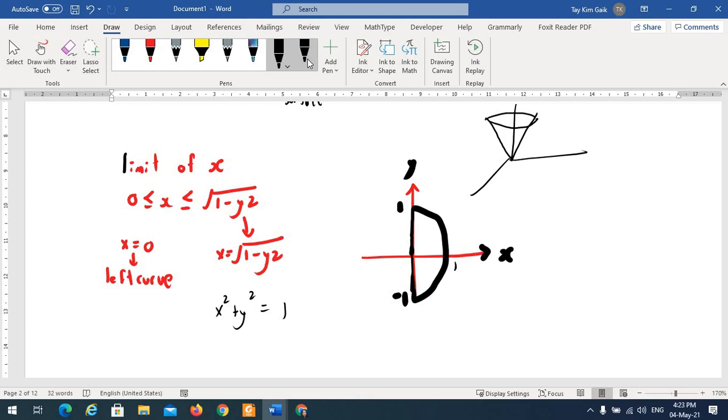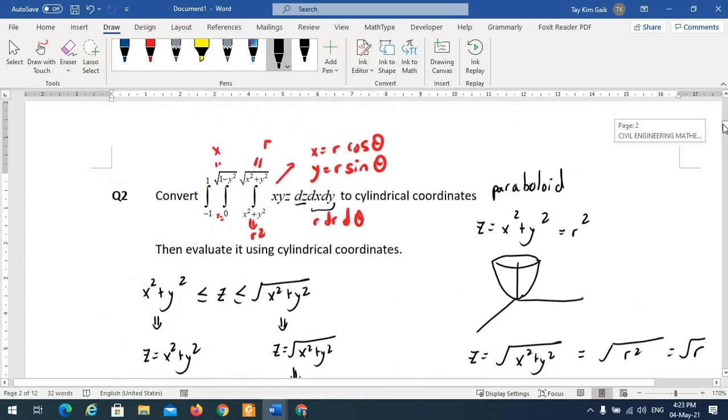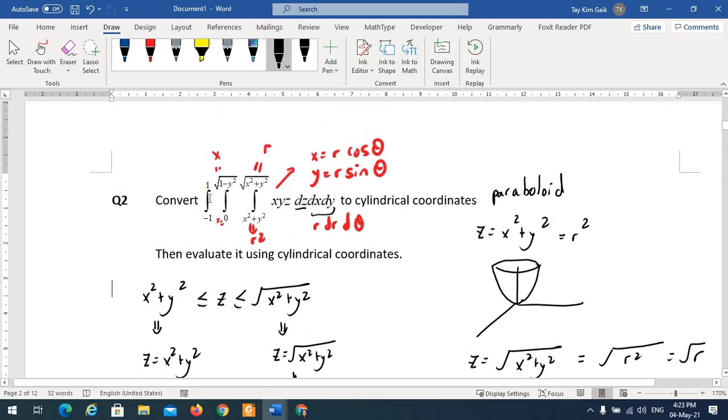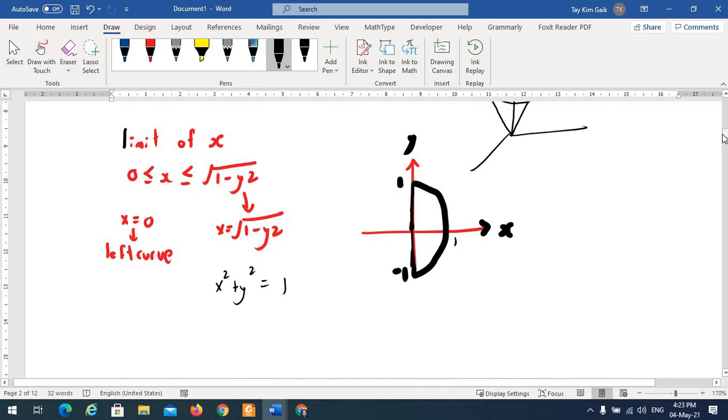From the limit of x, your projection of r is the right hand side of the circle. And from the limit of y, y goes from negative 1 to positive 1, so you have the full right hand side circle.